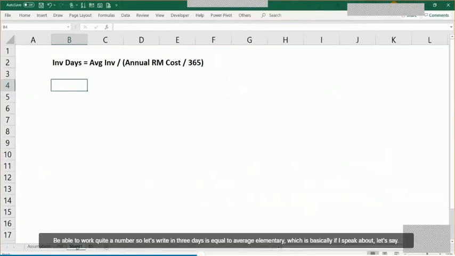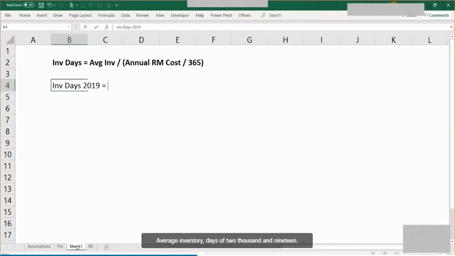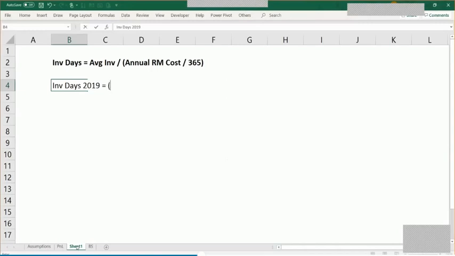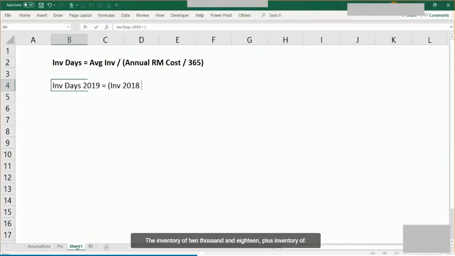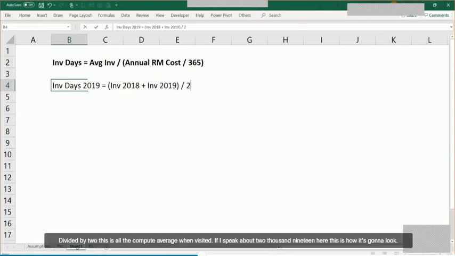So let's write inventory days is equal to average inventory, which, if I speak about 2019, the average inventory of 2019 will be equal to the inventory of 2018 plus inventory of 2019 divided by 2. This is how we compute average inventory, isn't it? If I speak about the 2019 year, this is how it's going to look.